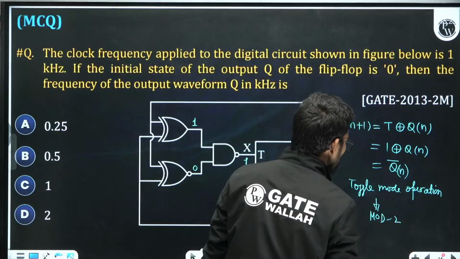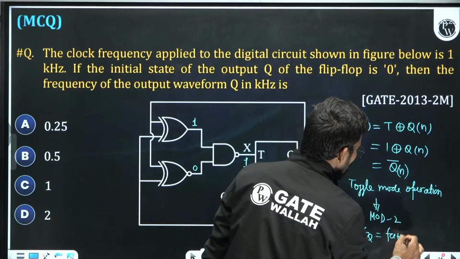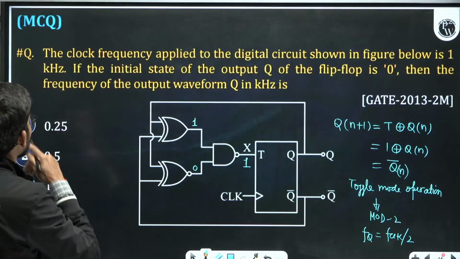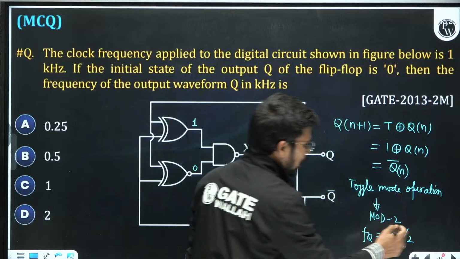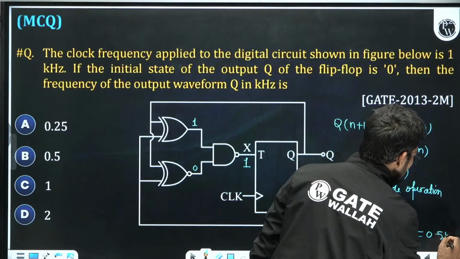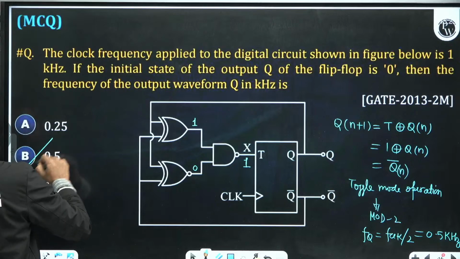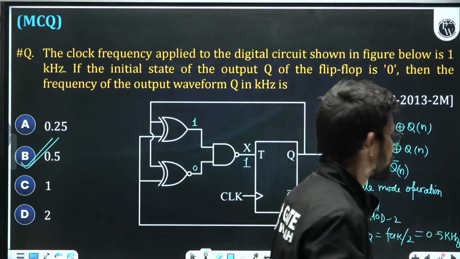And if it is a mod 2 counter, then output frequency FQ will be input clock frequency divided by mod number 2. The input clock frequency is given as 1 kilohertz, then output will be 1 kilohertz by 2, that is 0.5 kilohertz. The answer is 0.5 kilohertz. B option is correct. Very good. B option is correct.